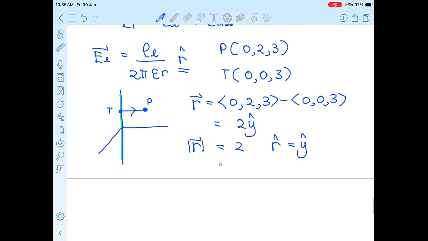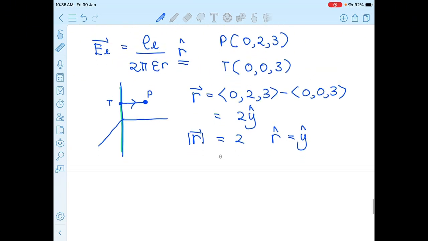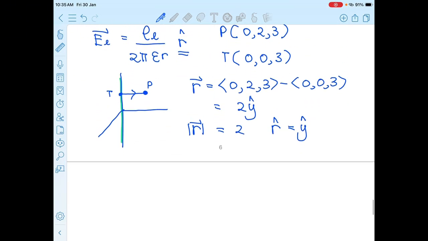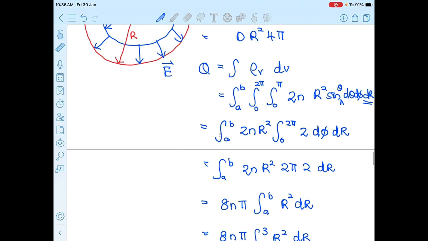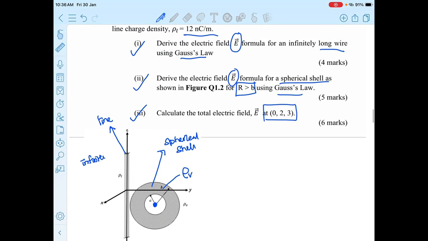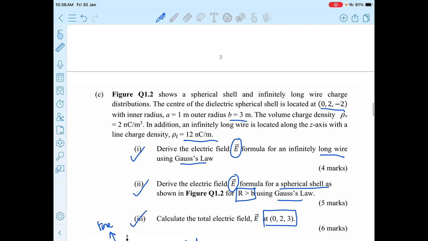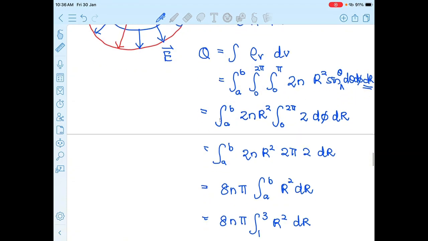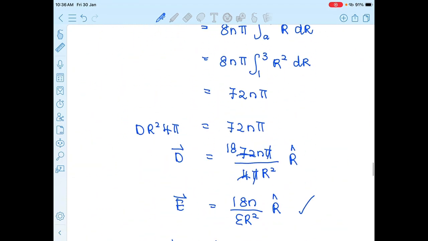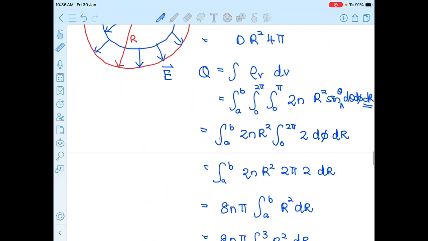Now you can replace the values. What is the value of rho L? Rho L is 12 nanocoulombs. Wait, what did I replace it with just now? 12 nano is correct.